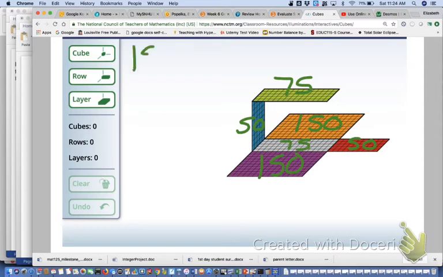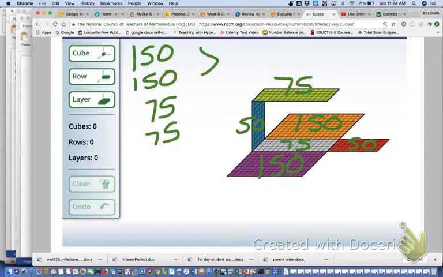If we add all of those individual areas together, my front and my back, my top and my bottom, my two sides, that gives me the total surface area, the outside surface of the box.